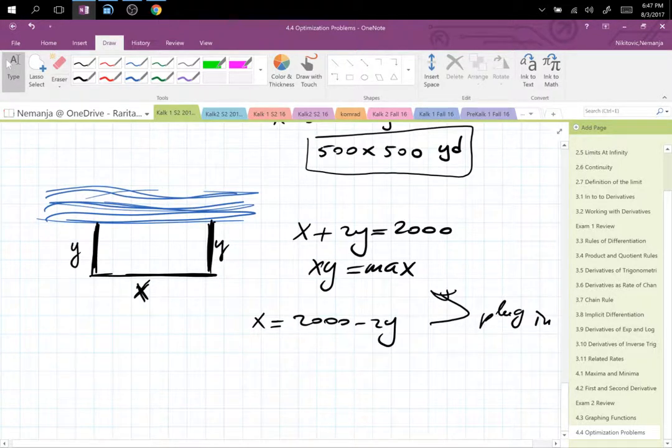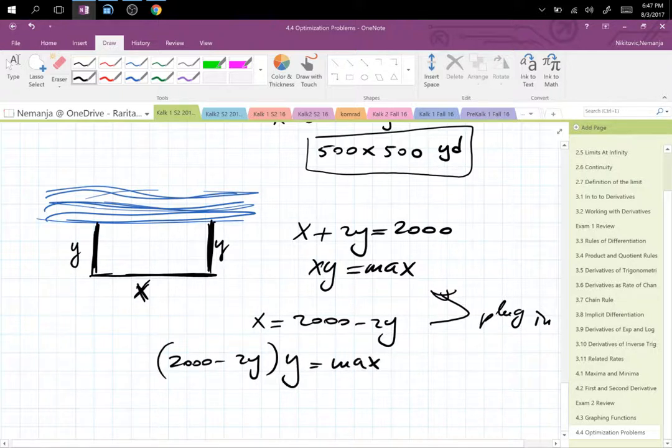As soon as you have your constraint equation, and the objective equation is the one that has min or max in it, you can flip the constraint equation to get the variables to cancel the variable, right? So now what I have is 2000 minus 2y times y equals a max.